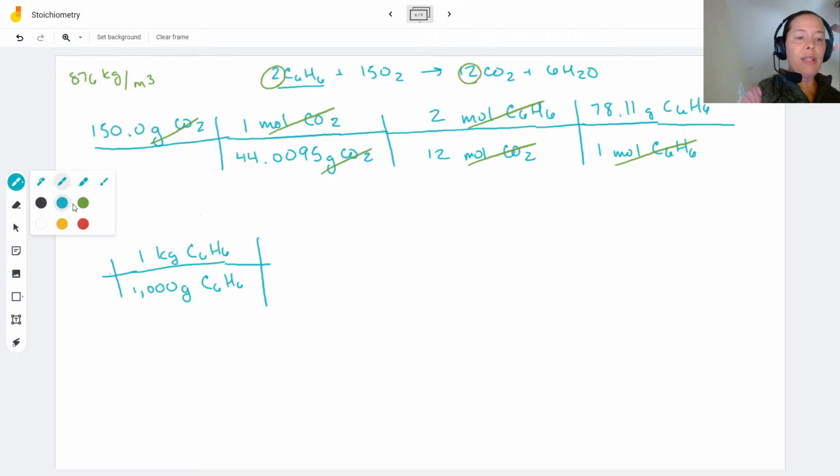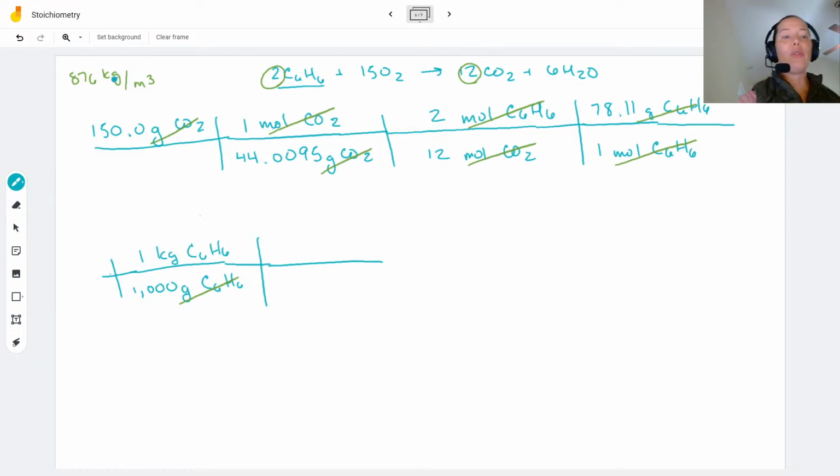All right, and so what this allows us to do is to cancel out our grams of benzene. Now we've got kilograms of benzene. Again, I converted into kilograms to match my units and my density, because now I can use my density, 876 kilograms of C6H6 into 1 meters cubed of C6H6 to get into meters cubed.